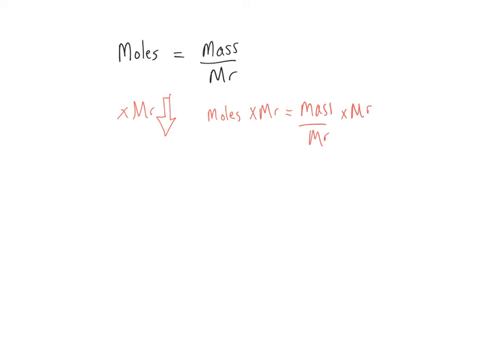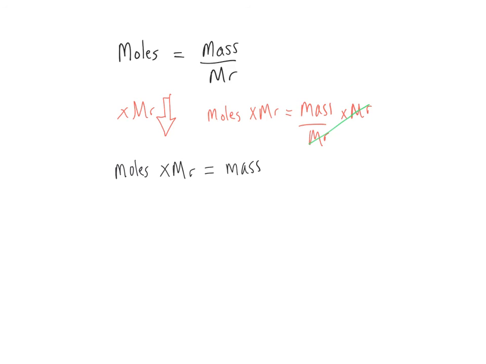And what you'll know from maths is when you're multiplying something and then dividing by that same number, those two quantities can cancel each other out. And so overall, what we're left with is moles times MR equals the mass. And so we've rearranged that into a form that you can use to calculate the mass of a particular substance.